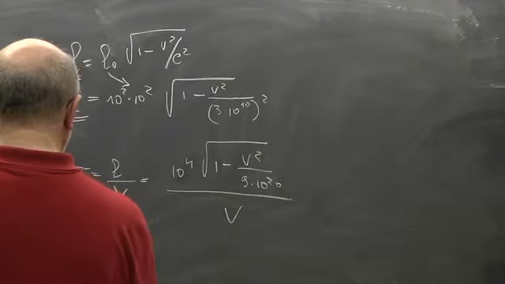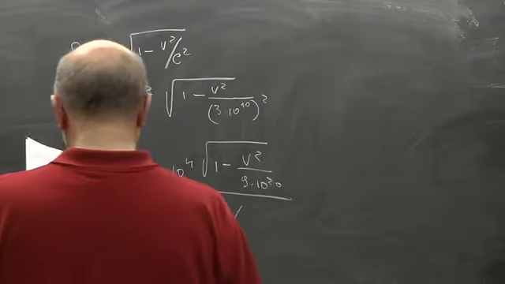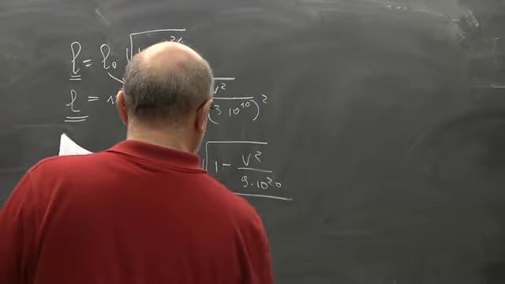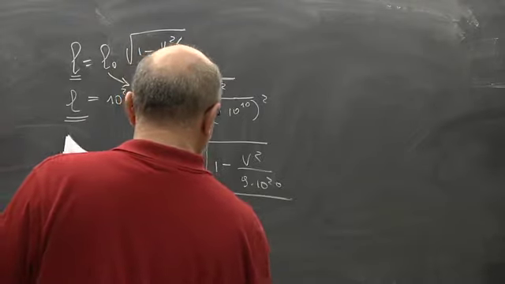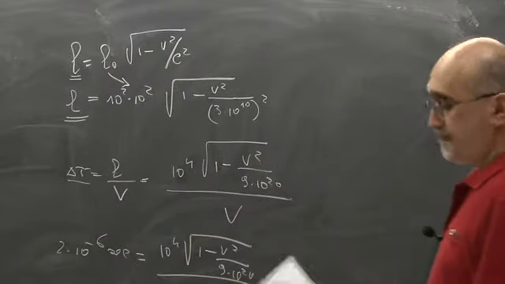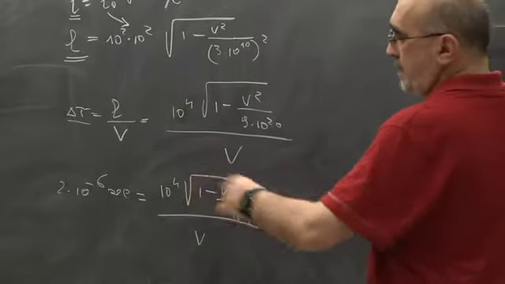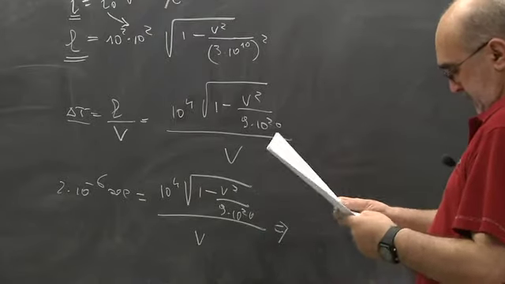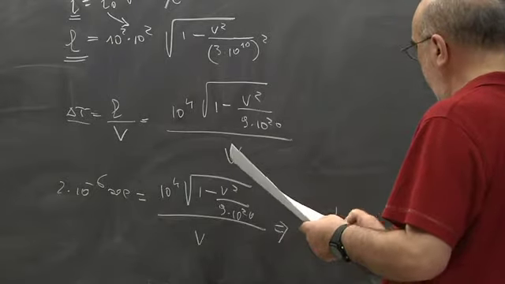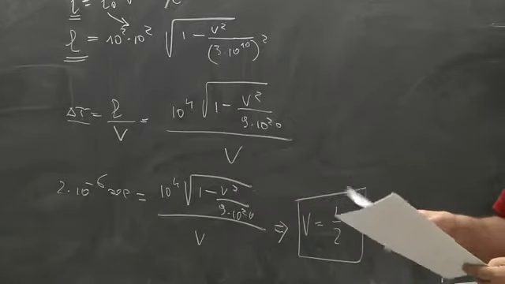Delta t is 2 times 10 to the minus 6 seconds, equal to this expression. And this is an equation for V. You solve this equation, just square it, do all the steps. And what you get is that V is 1/2 c. So that spaceship is going at this speed.